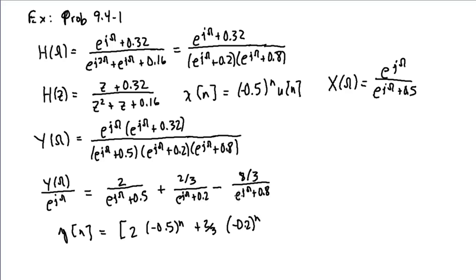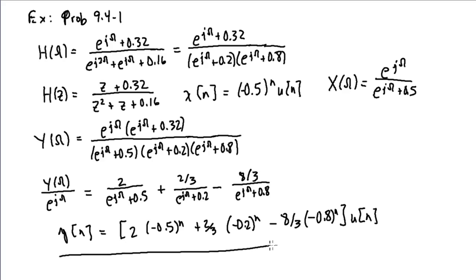That's the inverse transform of this term, and then minus 8/3 times minus 0.8 to the n. All of these are multiplied by u of n. And so here we've computed the output of this particular system for this input sequence.